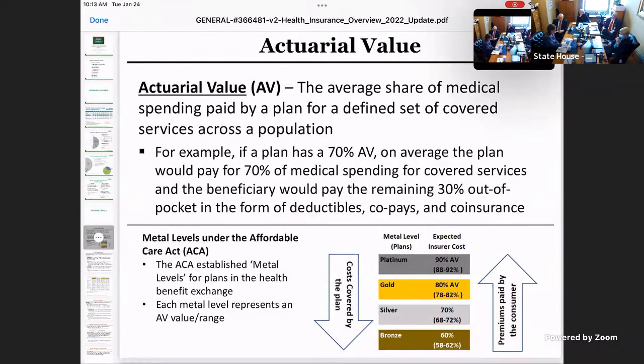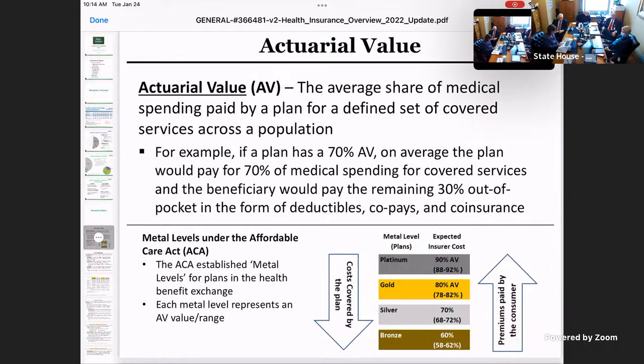So for example, when you're looking at a platinum plan, the plan itself is going to cover 88 to 92% of the costs of that plan. And then the insured, the individual, is anticipated to pay the remainder of that value through different types of cost sharing. So that would be out-of-pocket costs like deductibles, co-pays, co-insurance.